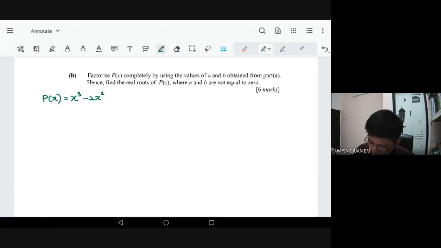Second case, p(x) equals x to the power of 3 minus 2x squared minus 2x plus 4.